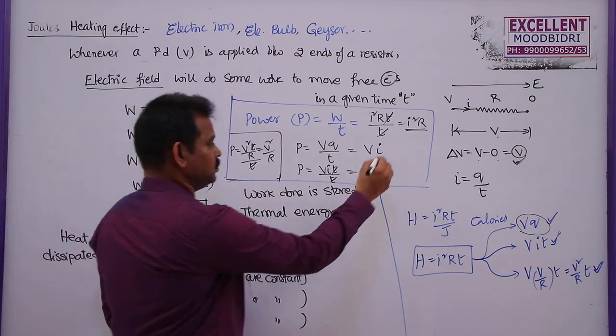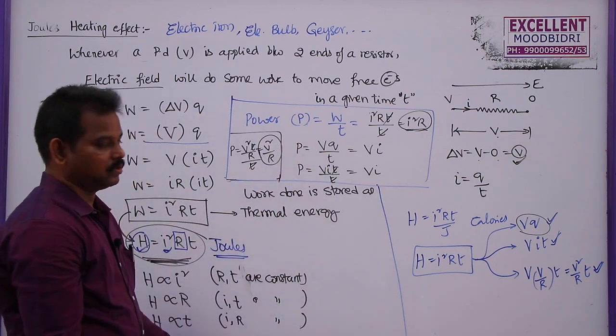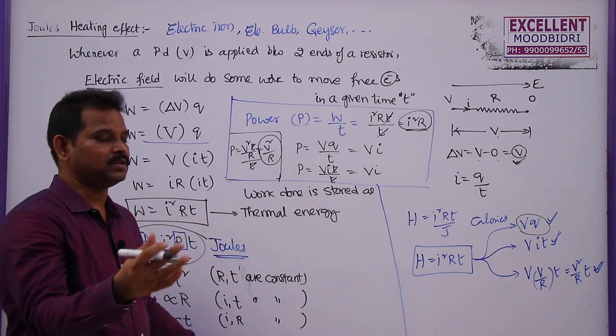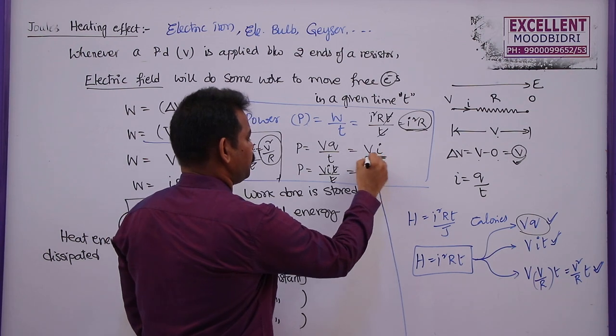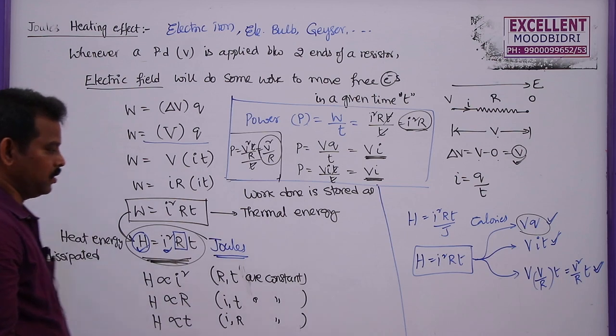In general, we use either I square R or V square by R in a circuit. But if only voltage and current are given, just the product of voltage and current will give the electric power.